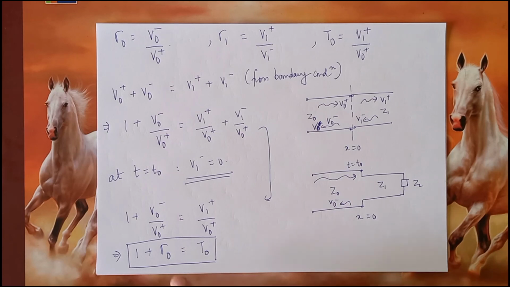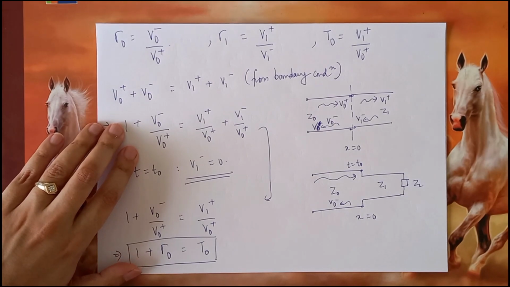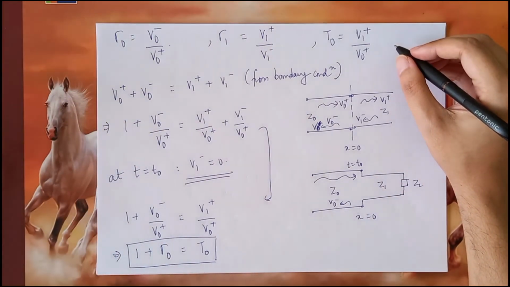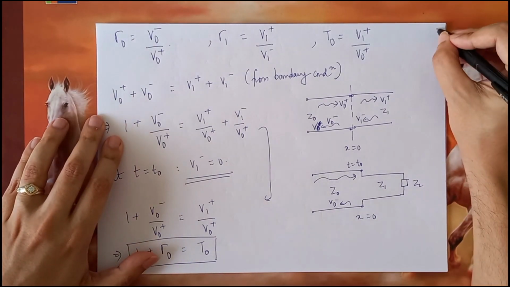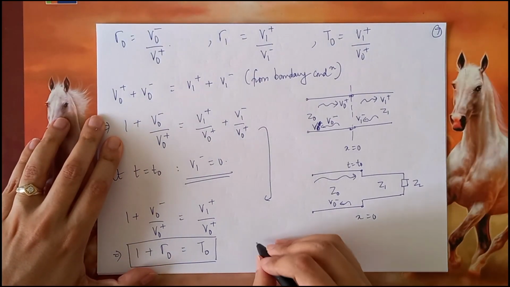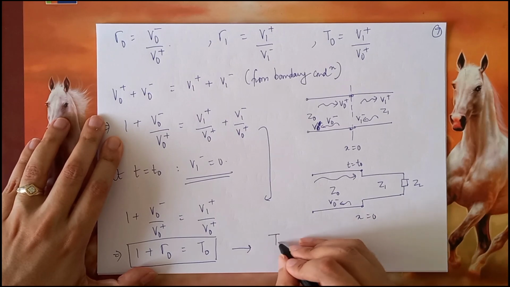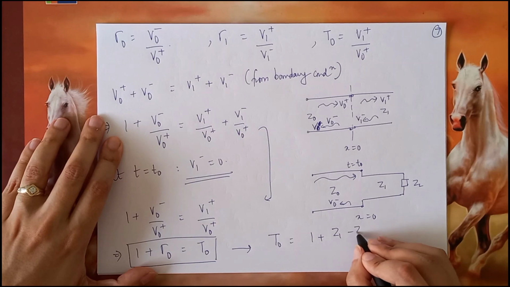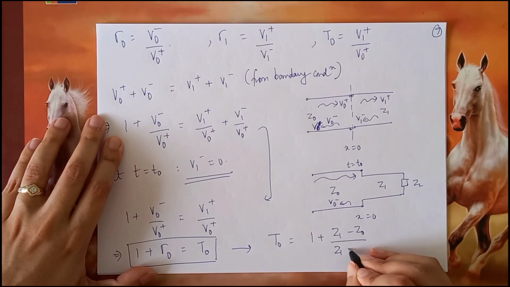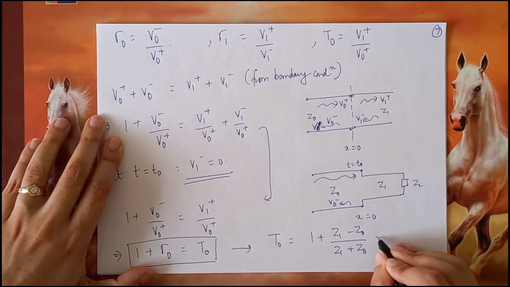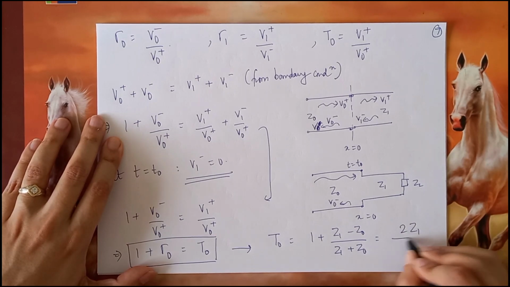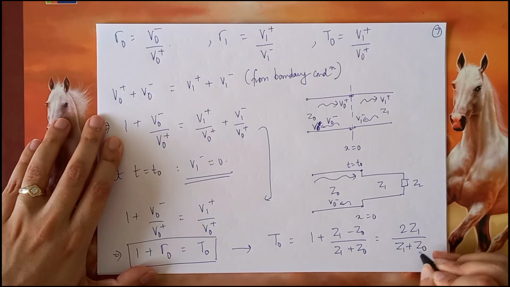So therefore, we already know what gamma 0 is. So let us put that. So we can say T0 is 1 plus gamma 0, where gamma 0 is Z1 minus Z0 divided by Z1 plus Z0. And that comes out to be how much? That comes out to be 2Z1 divided by Z1 plus Z0.